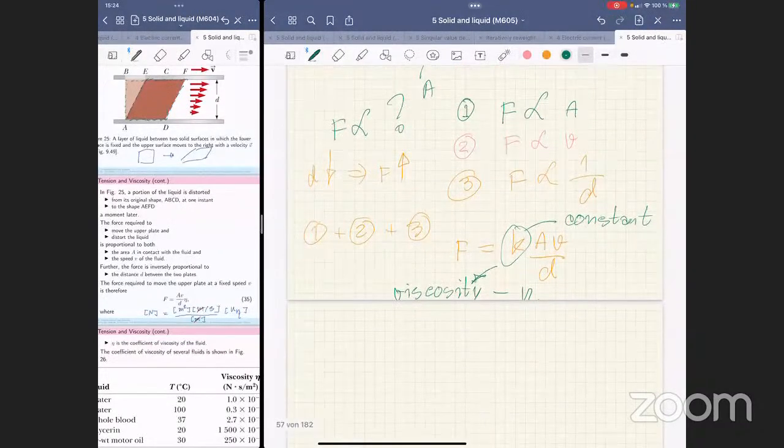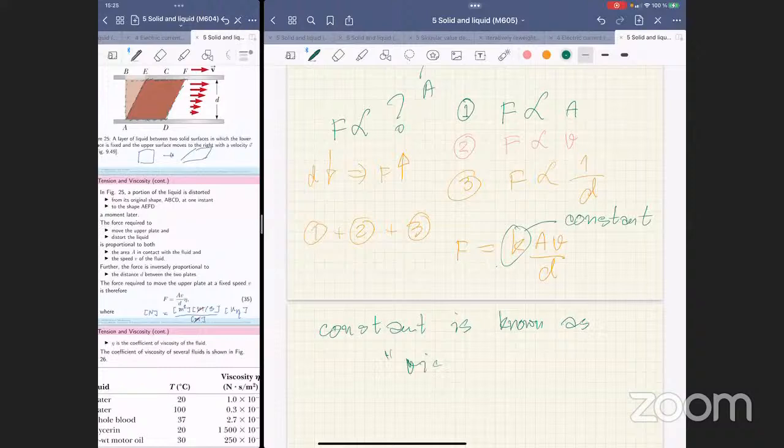And the constant is known as viscosity. It's a constant, and the variable they use is eta, right?